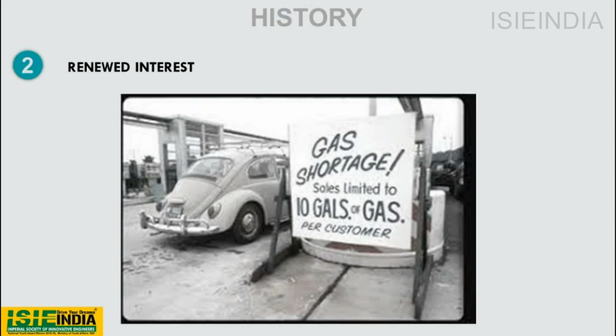Coming over to the next phase, that is the renewed interest. In the 1960s, the United States Congress introduced some schemes that encouraged greater use of electric vehicles. It was an attempt to reduce air pollution. While the government tried to garner support for hybrids, renewed public interest didn't gain momentum until the oil crisis that was caused by the growing price of gasoline.